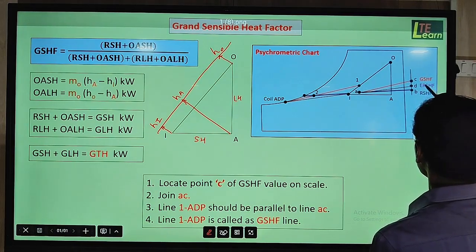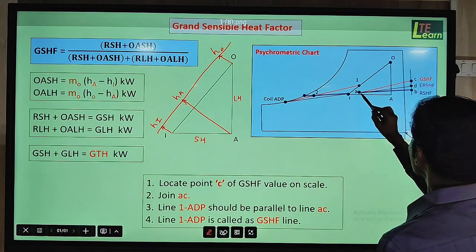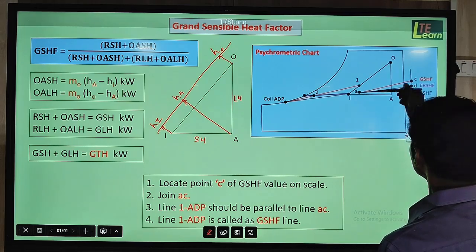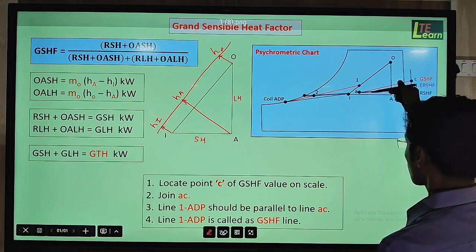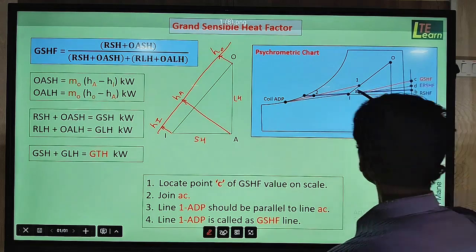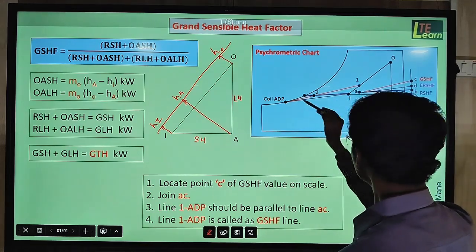Now already we have A, that is the alignment circle point. We join this A to C. This is a line, we get a reference line. Now already we have drawn line 1 to ADP.